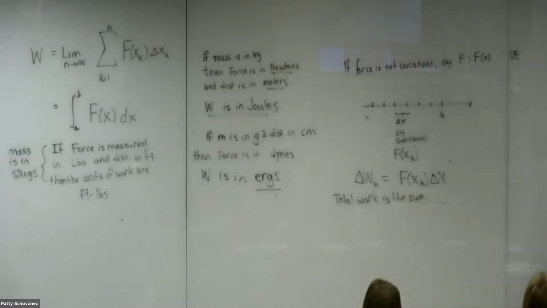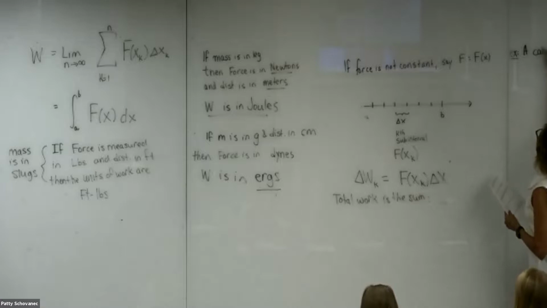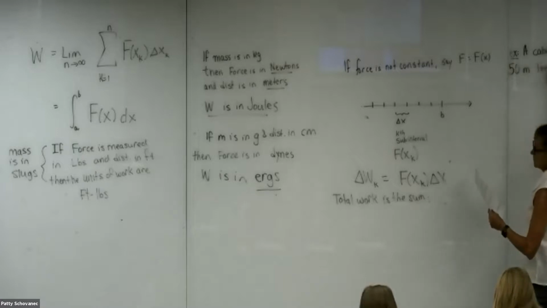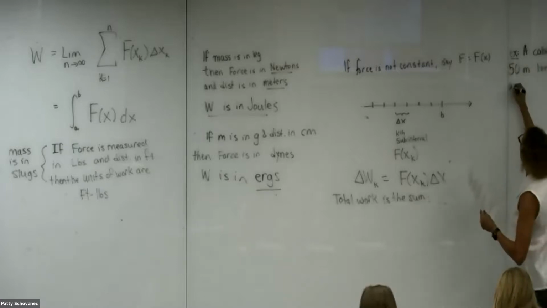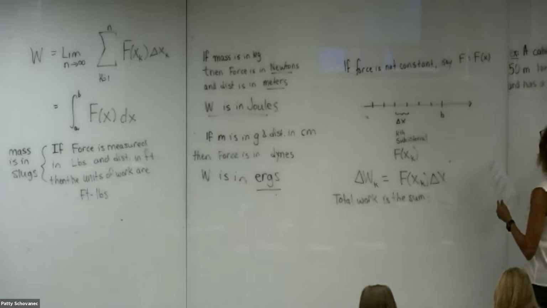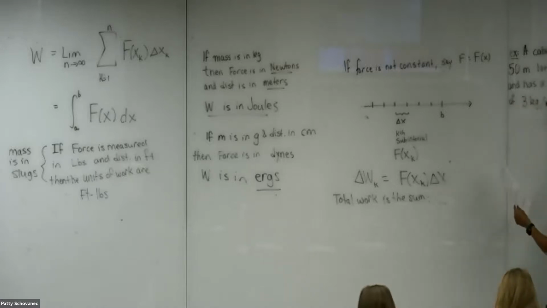All right, so I sent these to you so you wouldn't have to write them all down. If you opened your email, they're in there. If you didn't open that, here it is. The cable is 50 meters long and has a density of 3 kilograms per meter.